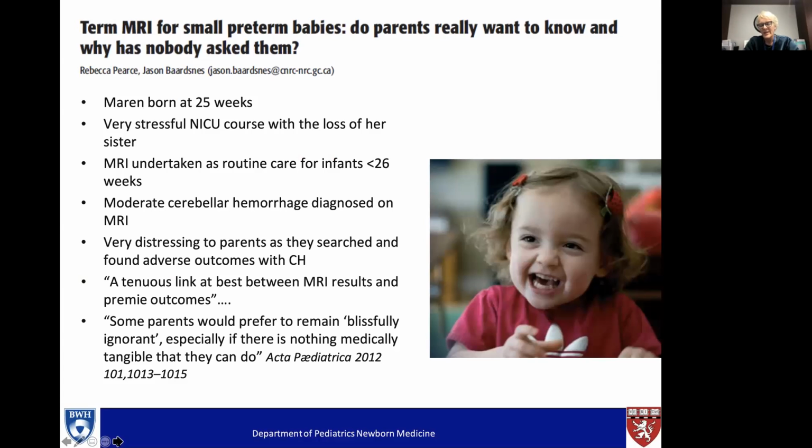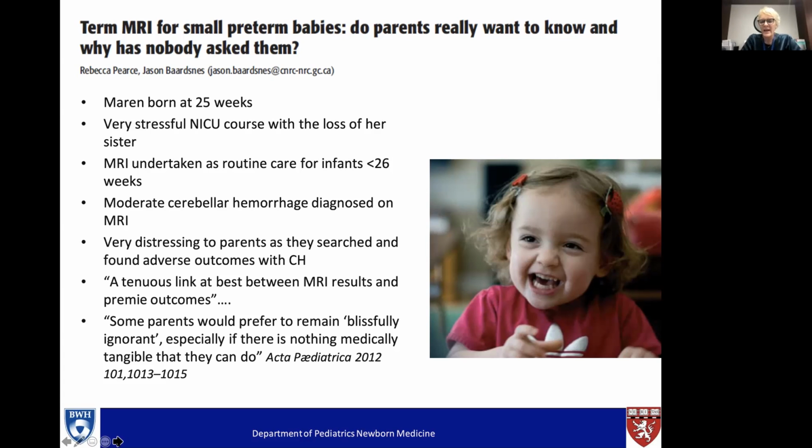One of the messages that's come across was led by strong parent advocates after their twin daughters were born at 25 weeks in Canada. They noted that their baby had a very stressful NICU course as she lost her sister. And MRI in this unit was undertaken as routine care for infants who were less than 26 weeks.